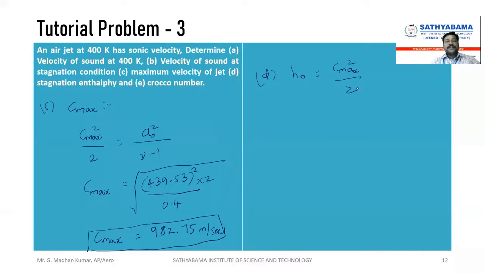You may evaluate by any other formula means, okay? You may evaluate by any other formula. So for H naught, so H naught is equal to C max square is 982.75 whole square divided by 2. What is the value of H naught?